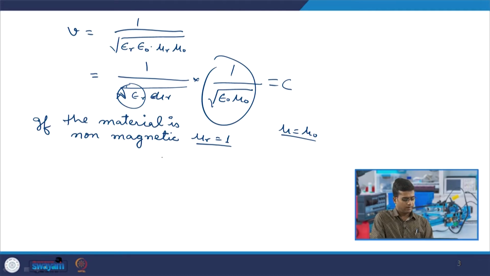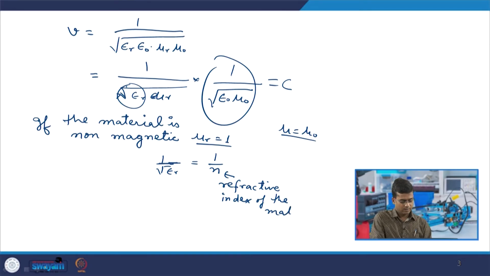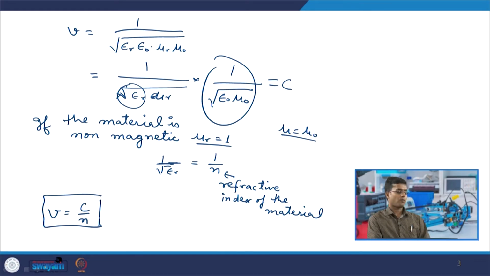So, 1 by under root epsilon r is equal to 1 by n. n is the refractive index of the material. So, from here you get V is equal to c by n, right.